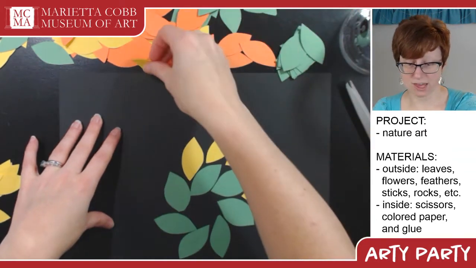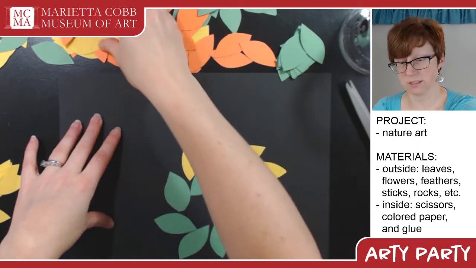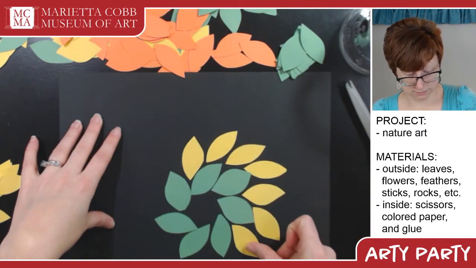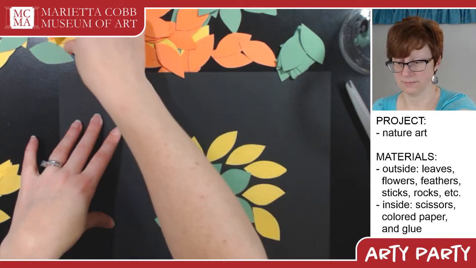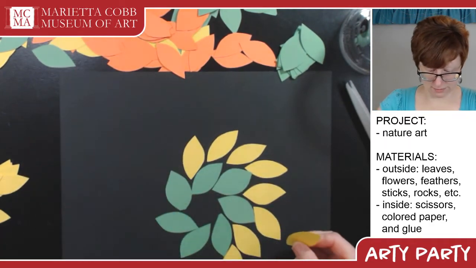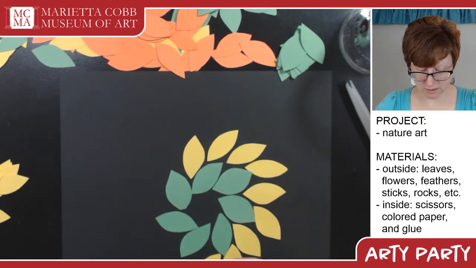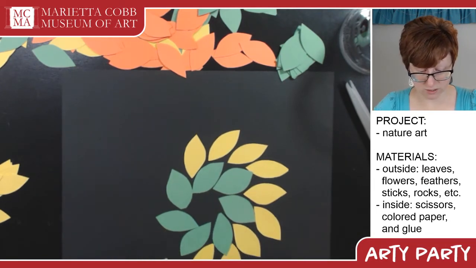And if you find something that you like and you're like, ooh, I really like how that looks, go ahead and glue them down. If you just want to push them around for a while and see what suits your fancy, that is totally cool too.